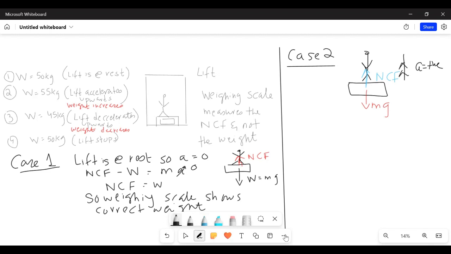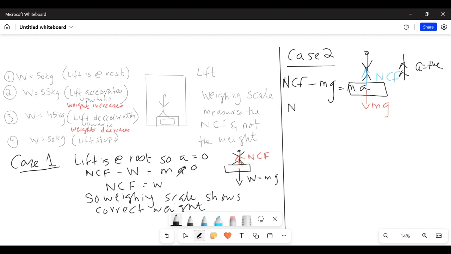So I'm going to use the formula forward force. Now the forward force should be the upward force, so it's going to be the normal contact force. So the normal contact force, the forward force, minus the backward force, which is mg, equals ma.